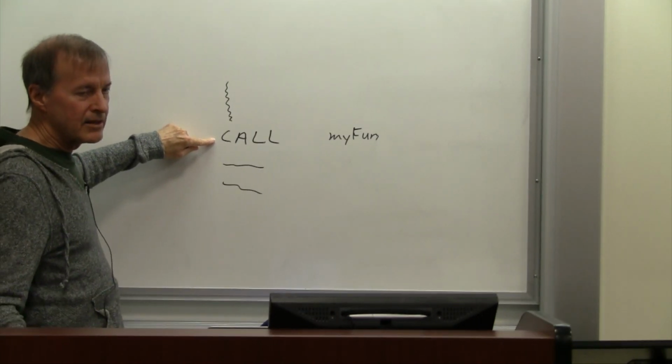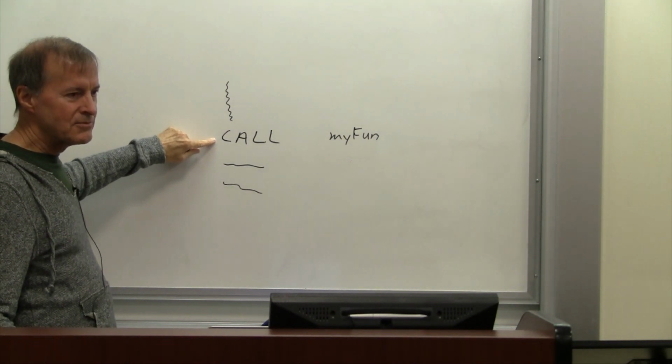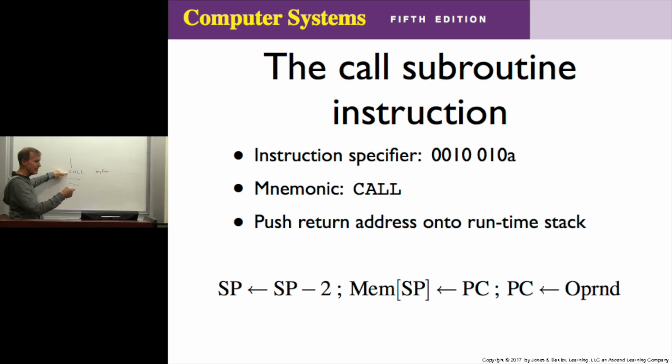Now, sorry, we are executing this statement. Now, what's the von Neumann cycle? Fetch. So we're going to fetch the call. Then what? Decode the call. And then what? Increment the program counter. So what will that make the program counter? That would be the address of this. And then what? Execute.